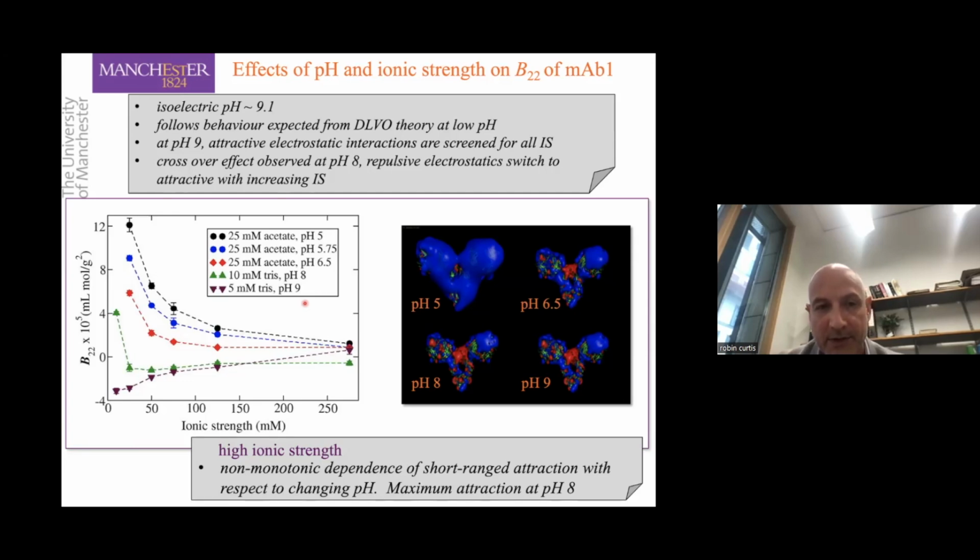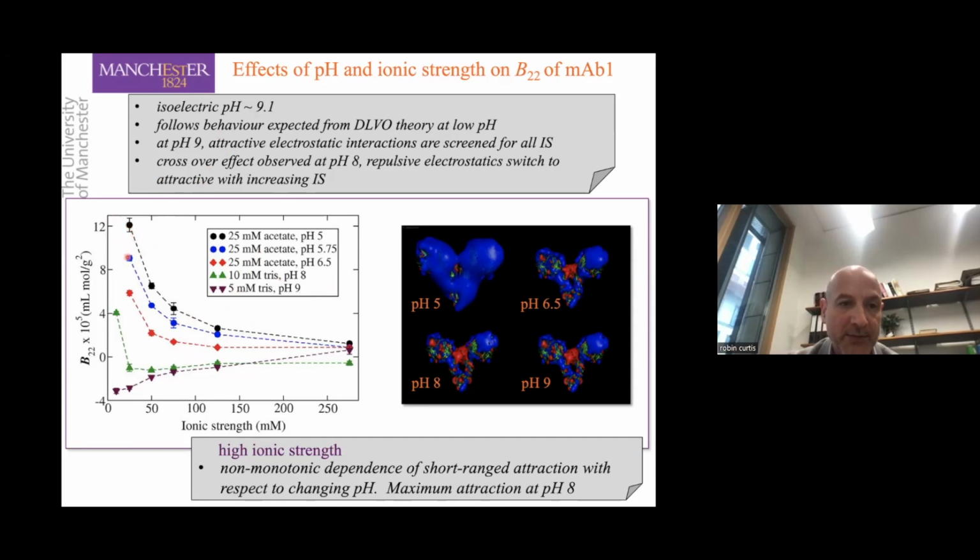Usually if we want to understand a system, we always measure the behavior as a function of pH and ionic strength. And at low salt concentrations, we try to interpret in terms of DLVO theory. So for this mAb, it has a high isoelectric point, so you get the strongest repulsion at low pH when the mAb has a lot of charge.